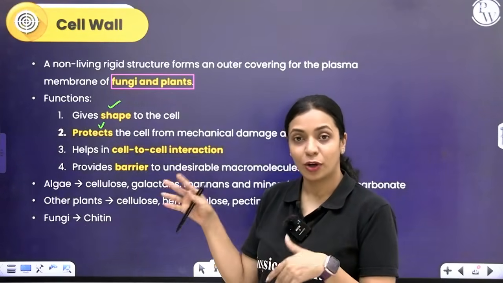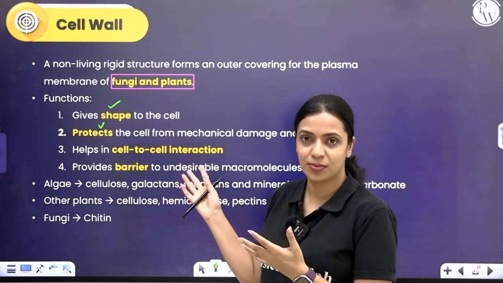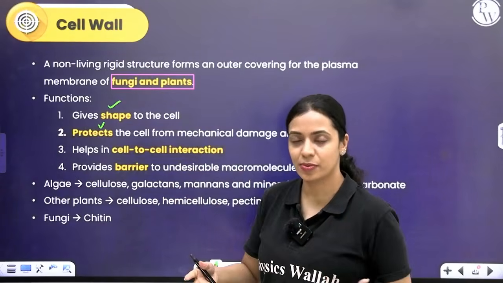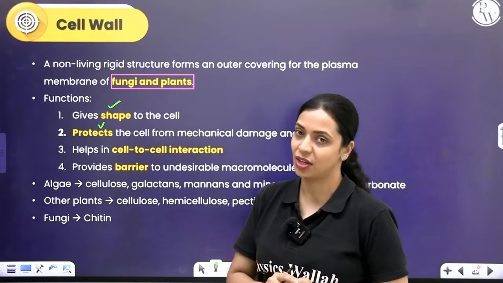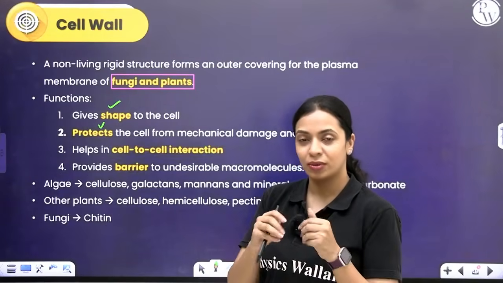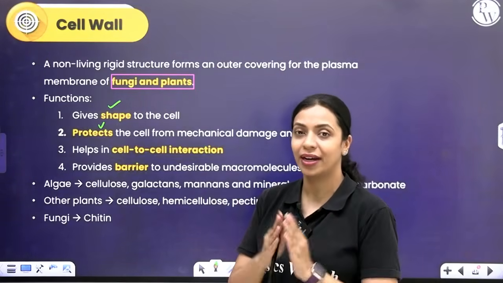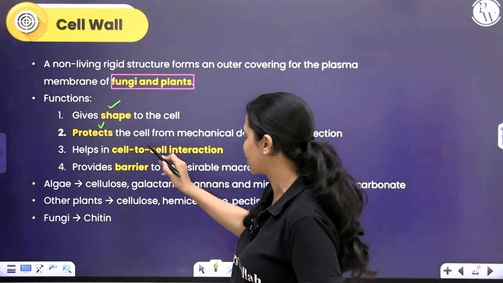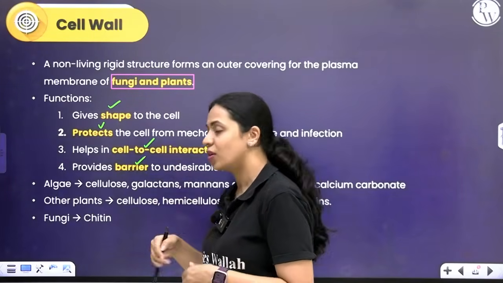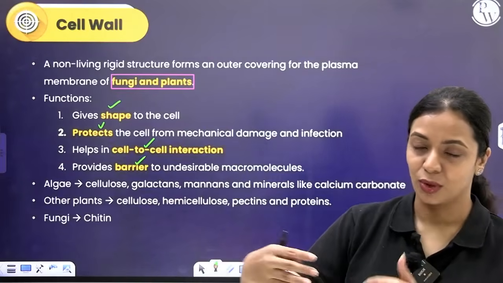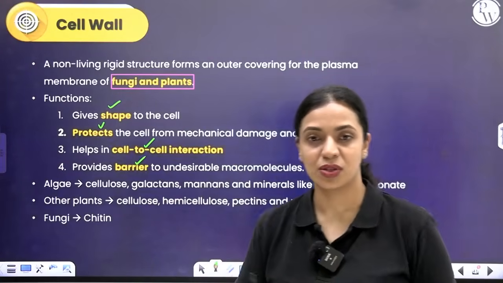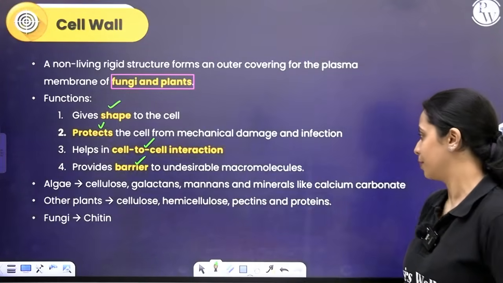Here we are talking about multicellular eukaryotic organisms also. So if the organism is multicellular, neighboring cells will have to interact with each other while forming tissues. So since this is the outermost wall, it allows for cell to cell interaction and it also provides a barrier for undesirable molecules. It will not allow undesirable molecules to enter the cell.